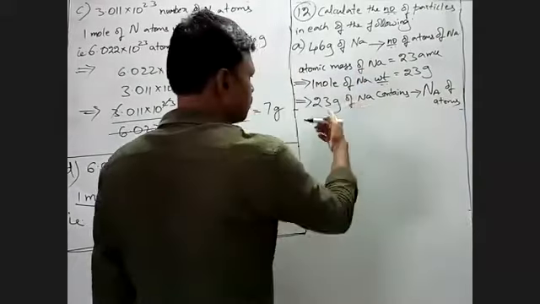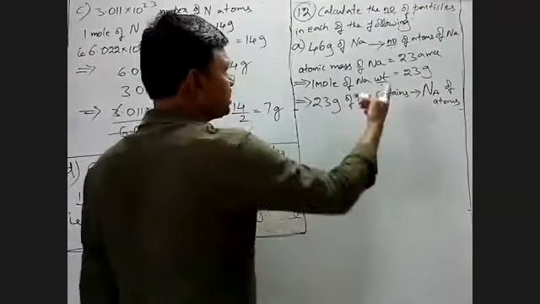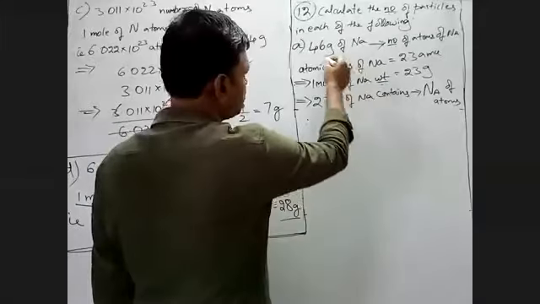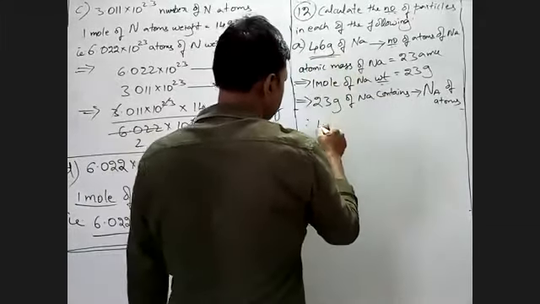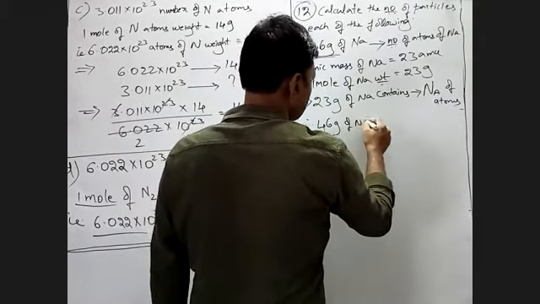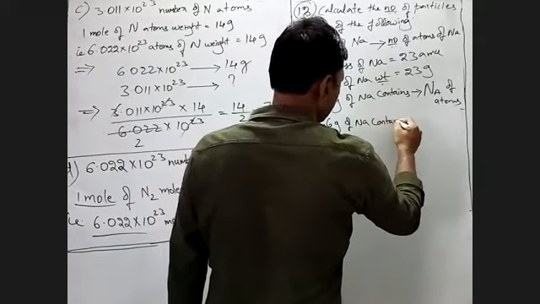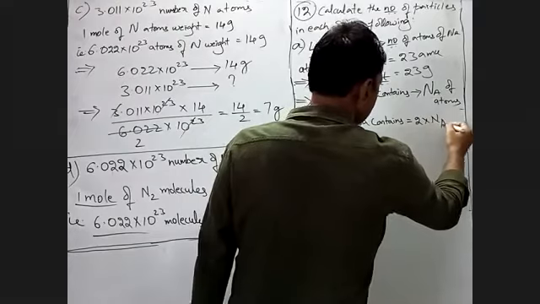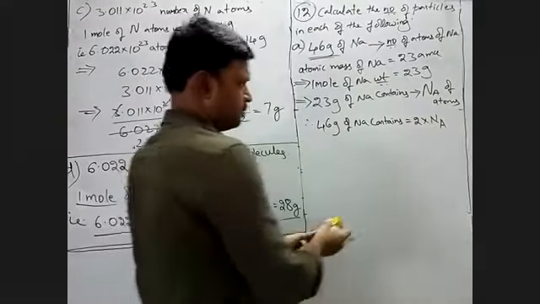Therefore, how much are we after? 46 grams. Therefore, 46 grams of sodium contains 2 into Na. Yes or no? 2 into Na is 2 times Avogadro number.